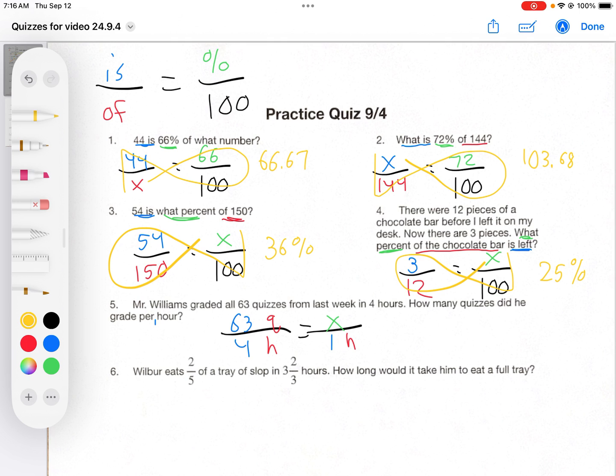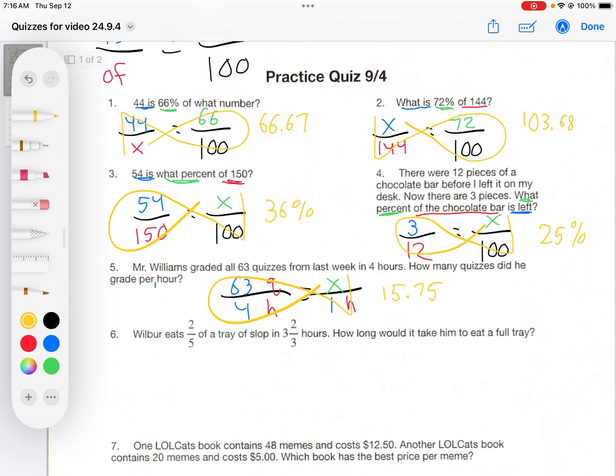Per means 1 when you see it in this context. And whether you set up this proportion or whether you saw that it would just be 63 divided by 4, either way, you will get 15.75 for that one.